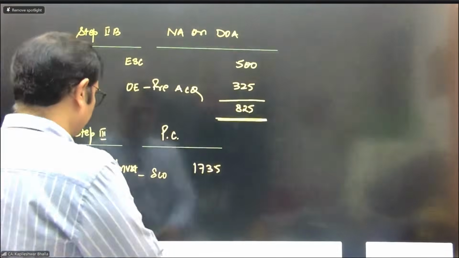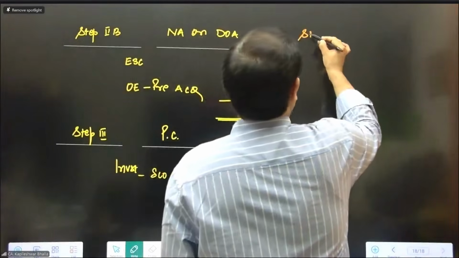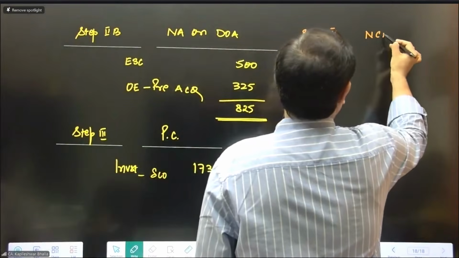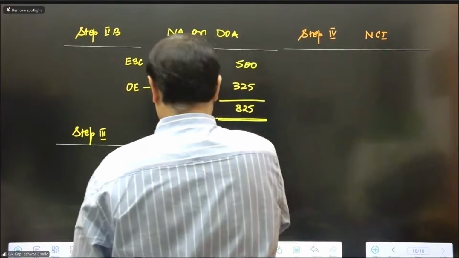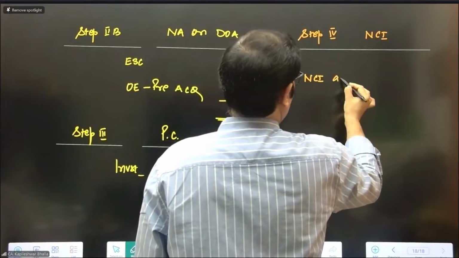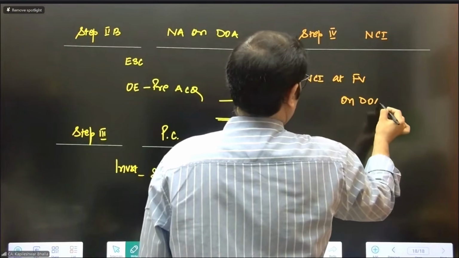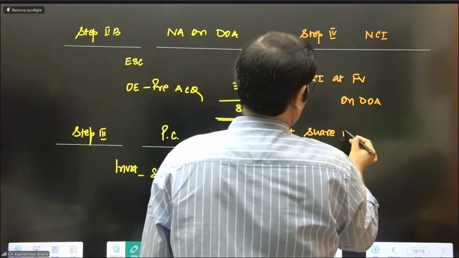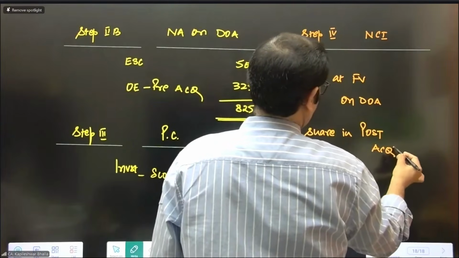Now let's go to step number 4. Step number 4 is the calculation of the NCI. For NCI, we need the NCI at fair value on the date of acquisition, and to this we add the share in post-acquisition profits.